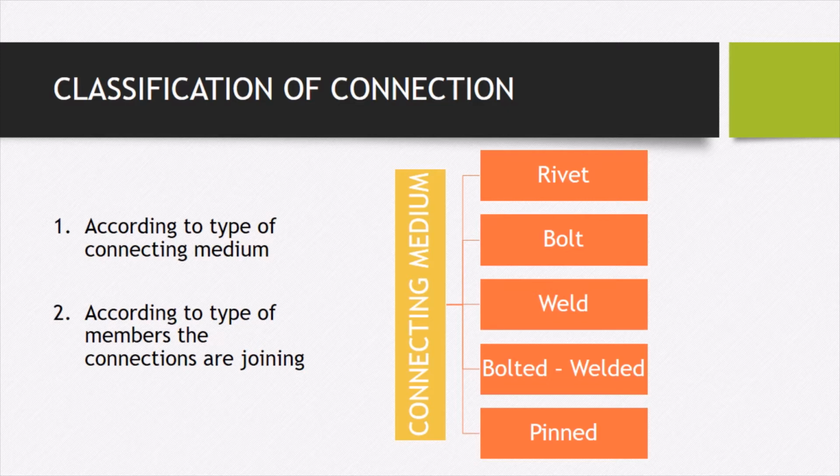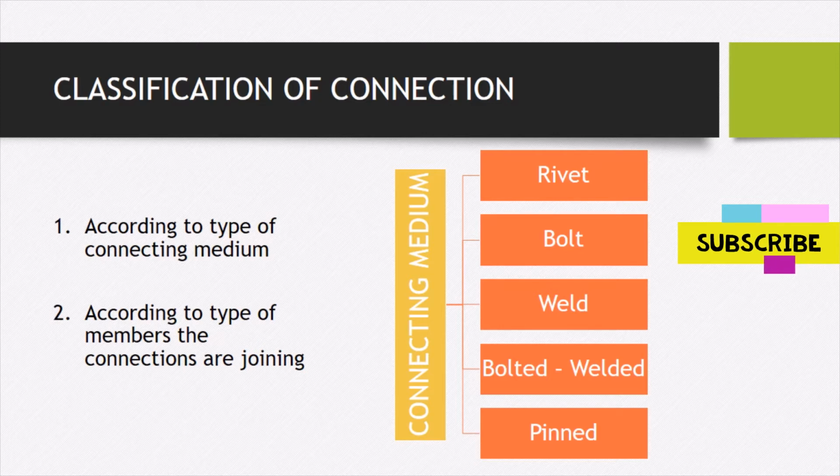And then we are moving on to the next part, that is connection. In this we are going to discuss the structural connection and also the connecting medium. That is the first one, connecting medium. On the right hand side you can see in the flow chart that we have shown: rivet, bolt, weld, bolted, welded, pinned connection.